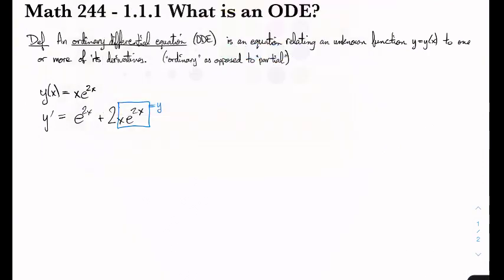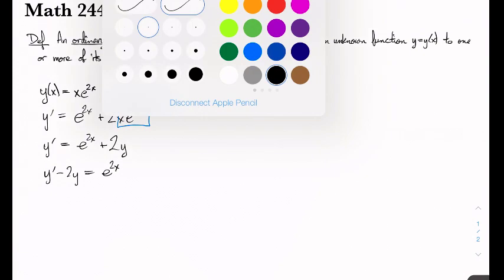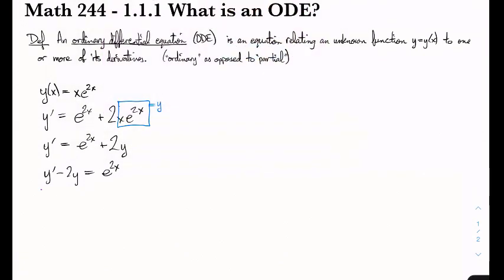So this is actually the same thing as y prime equals e to the 2x plus 2y, or in other words, y prime minus 2y equals e to the 2x. And so this is the standard form that we would see for the differential equation.